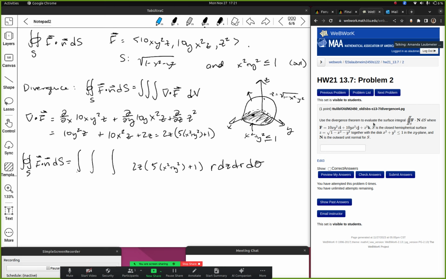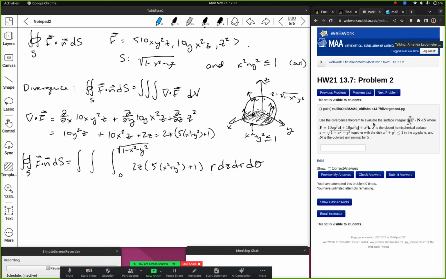My lower bound for z is down here, and my upper bound is up there. So z is bounded below by 0. I don't go below the xy plane, so the smallest z ever is 0. And then it's bounded above everywhere by this hemisphere shape. So that would be root 1 minus x squared minus y squared.